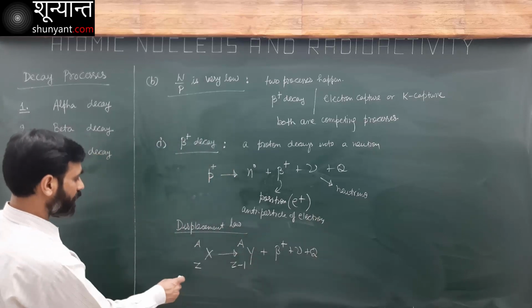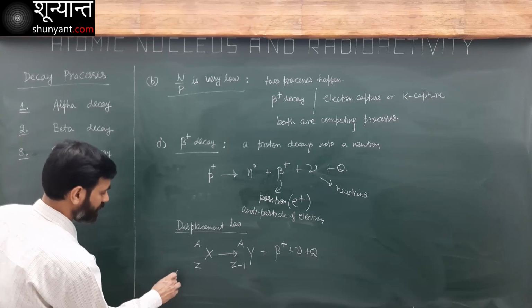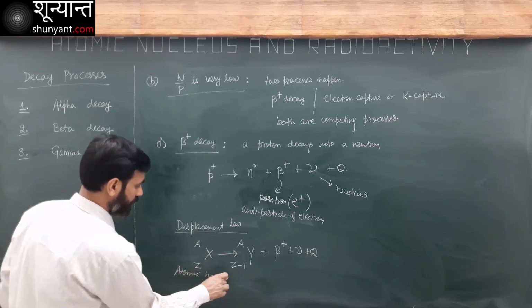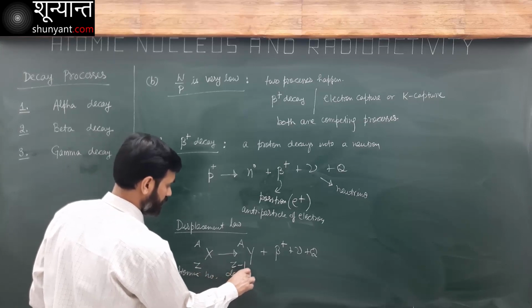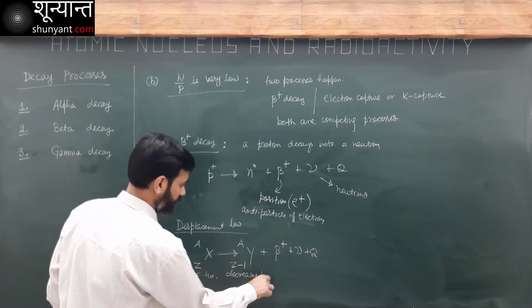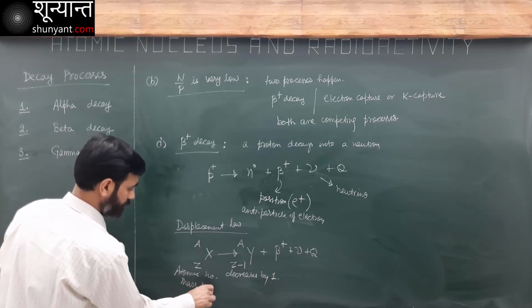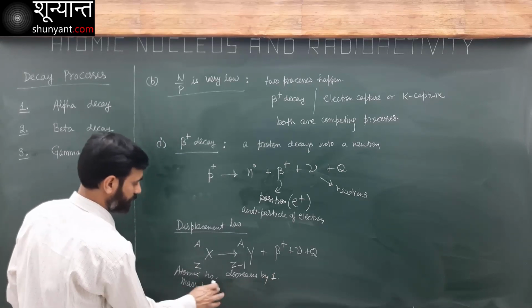So what is the displacement law? The mass number remains the same. The atomic number decreases by 1. Mass number remains constant.